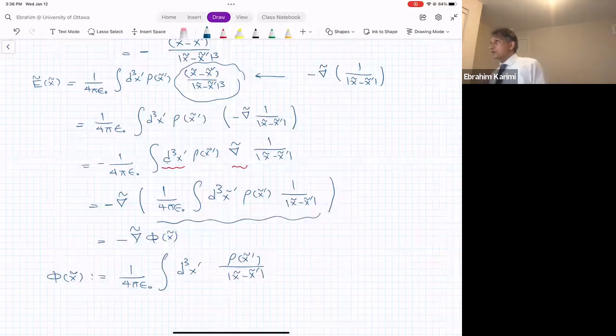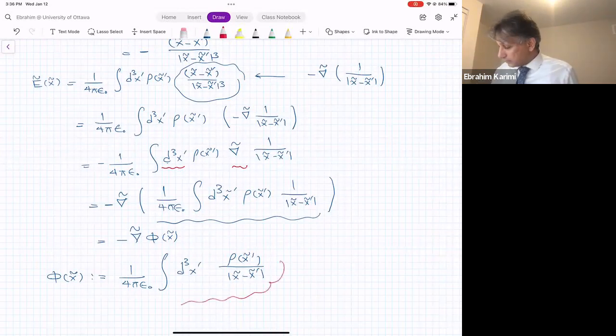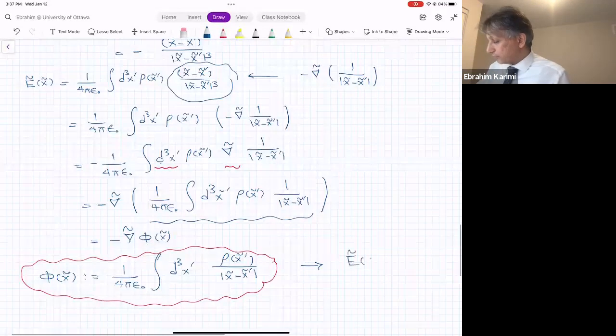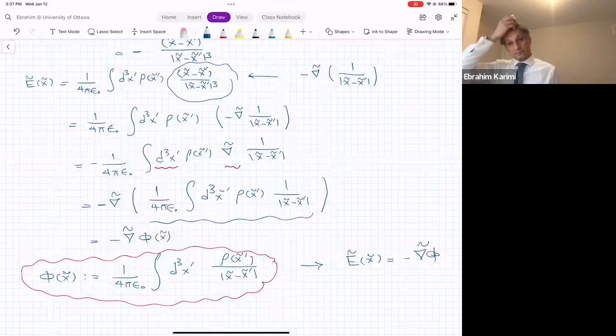That's really interesting, because instead of doing a lot of calculation finding the electric field, which is a vector, we can find a scalar, and this scalar can be calculated easily from the charge distribution, and then we can take the gradient of it, and you will get the electric field at the position x with a negative sign.